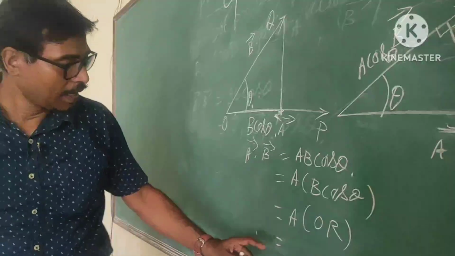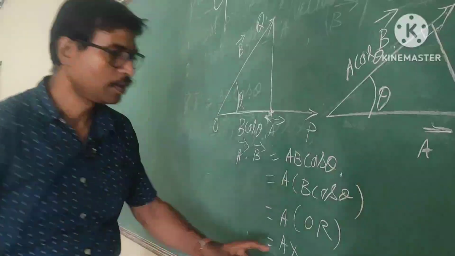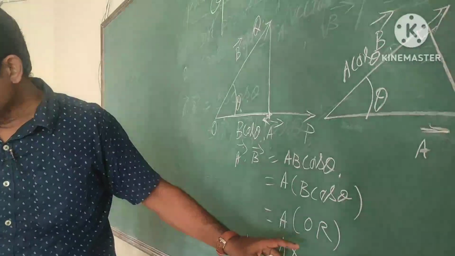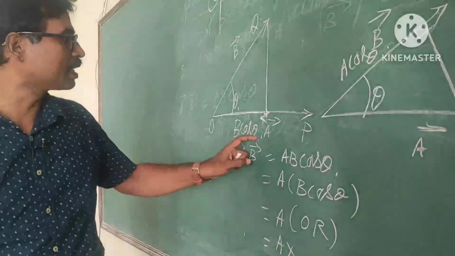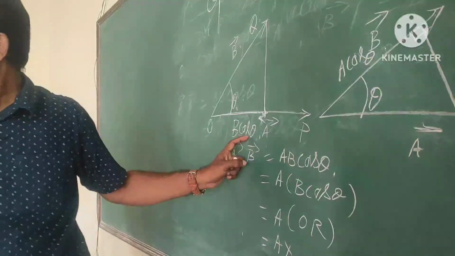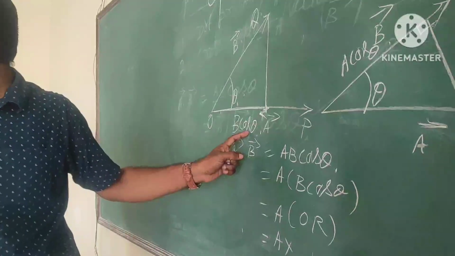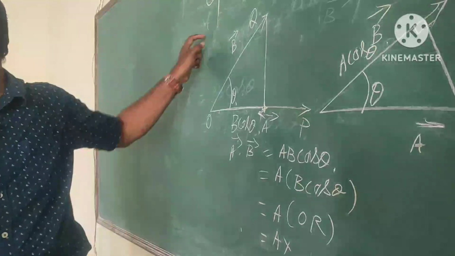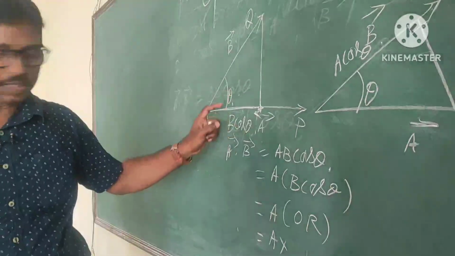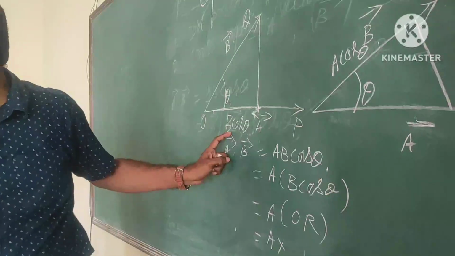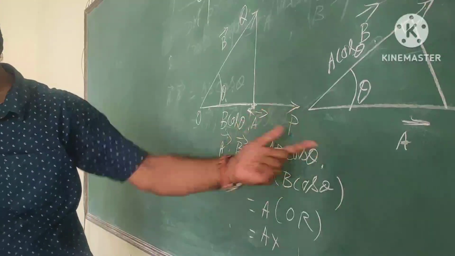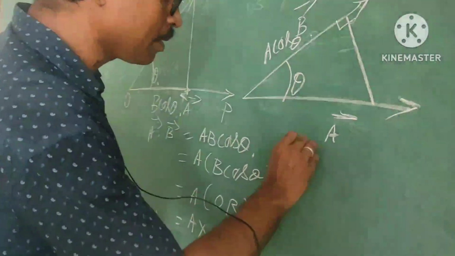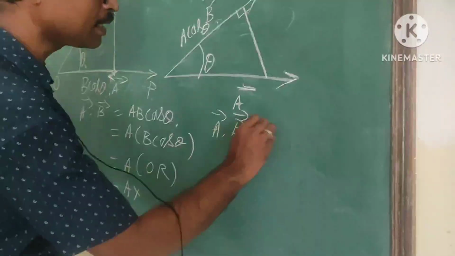It is A into the magnitude of the component of B. B cos theta is one component of B, another is B sin theta, which we are not taking. B cos theta is the component of B in the direction of A. Similarly in this case, A dot B is |A||B| cos theta.